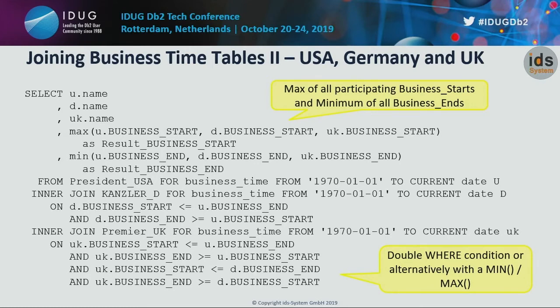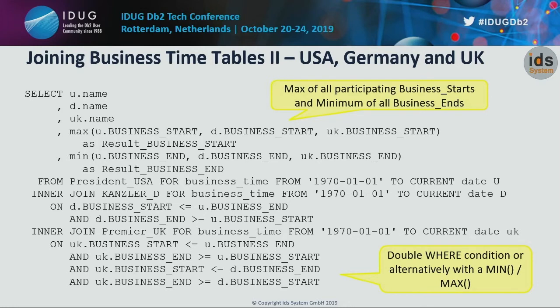We do the same, we basically double the conditions here. We have to double them. We do the same business time stuff. And because that gets lengthy, you could also use a min or max function for that in order to shrink it a little bit down. This is also provided in the student notes if you'd like to compare this.